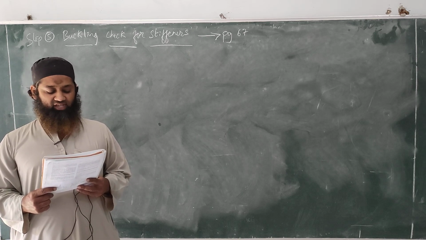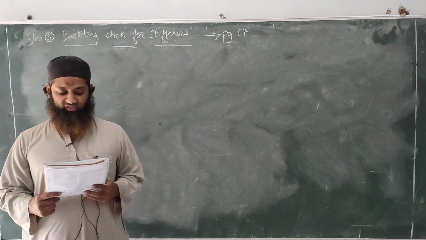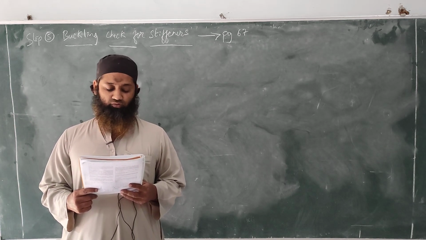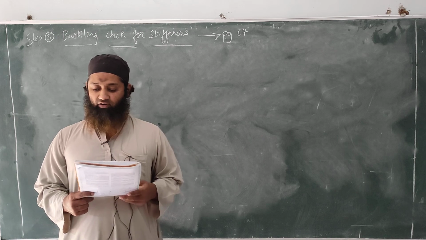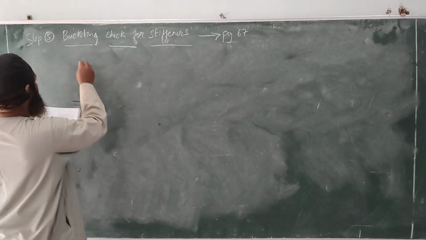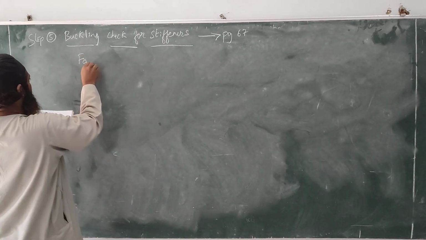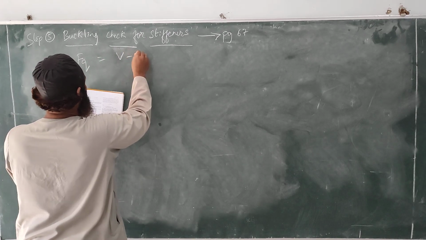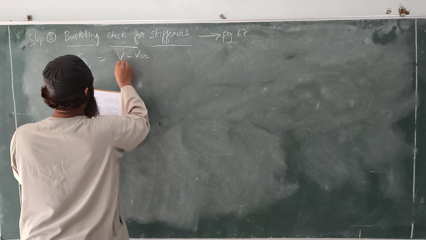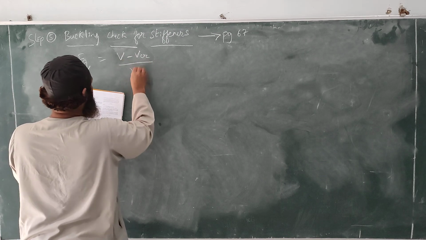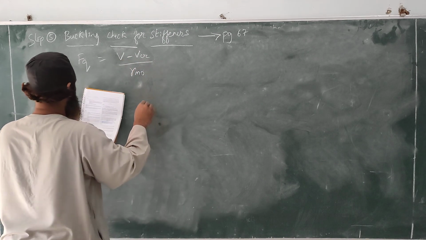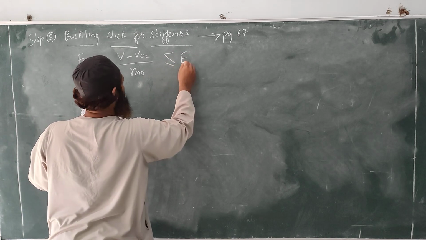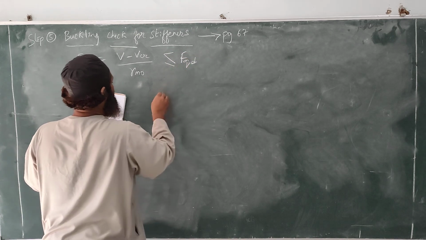So it is given as Fq is equal to (V minus VCR) by gamma M0, which should be less than or equal to FQD. I'll just write it down here. Fq is equal to V minus VCR by gamma M0, it should be less than or equal to FQD.